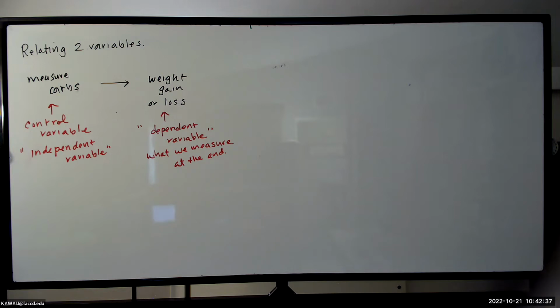So this is where they hit the brakes. And then over here, this is the distance traveled.